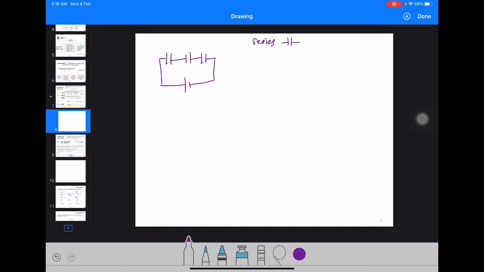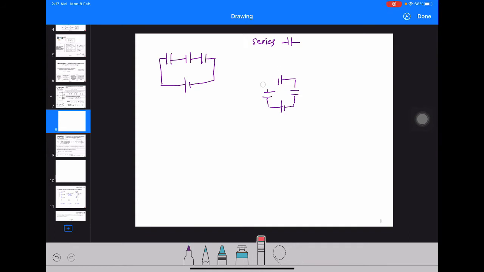The key difference is that in one you have a junction between them, and in the other you don't have any junction. In series, the capacitors are lined up next to each other, so in between them there's no junction. Similarly, I can draw it like this, and it still means that my capacitors are in series.